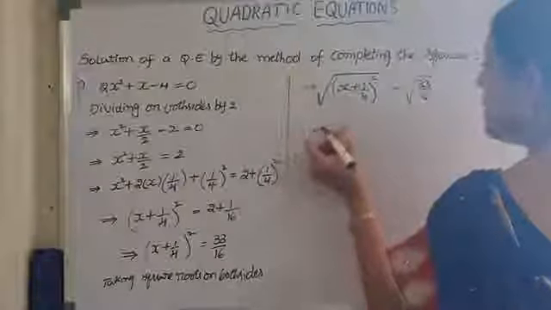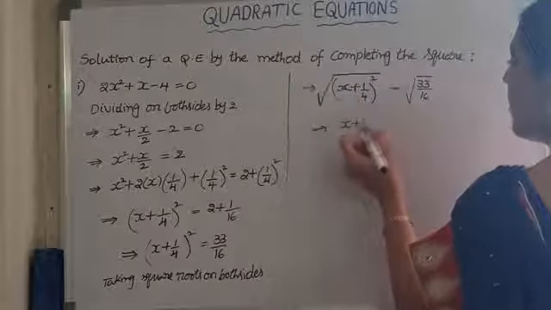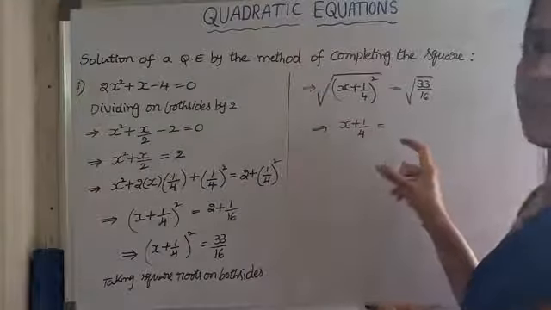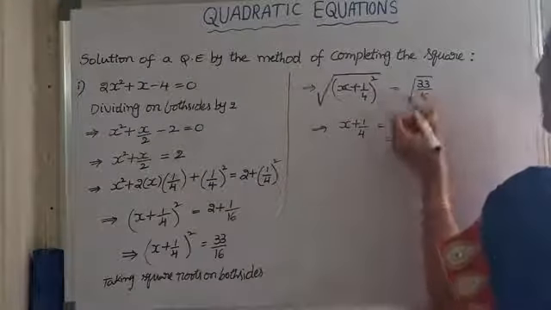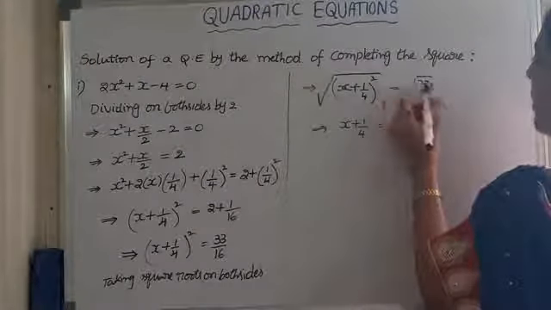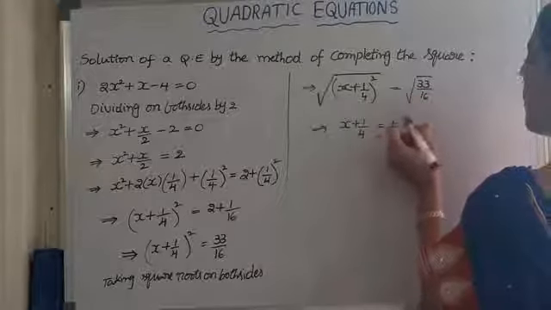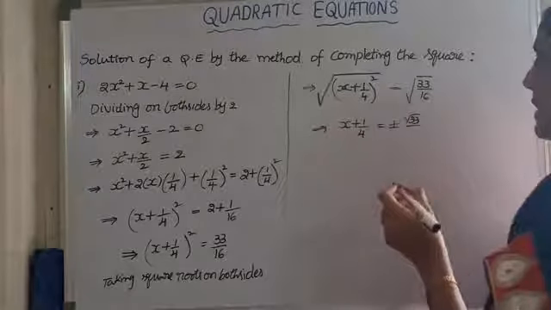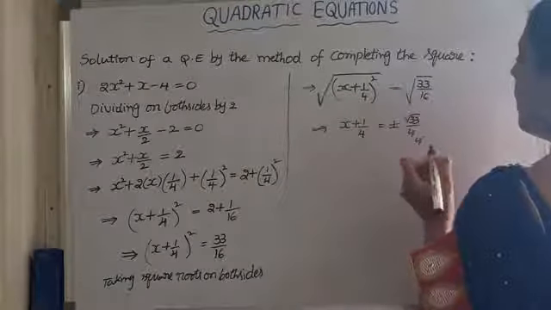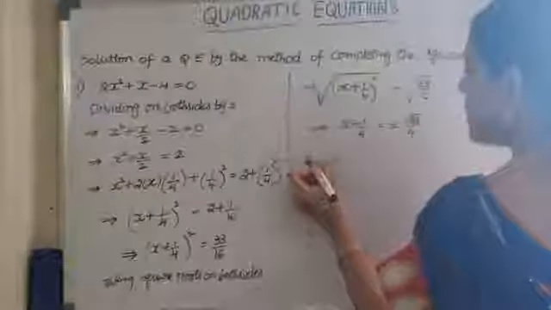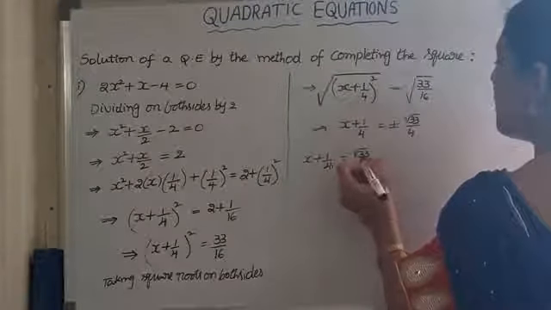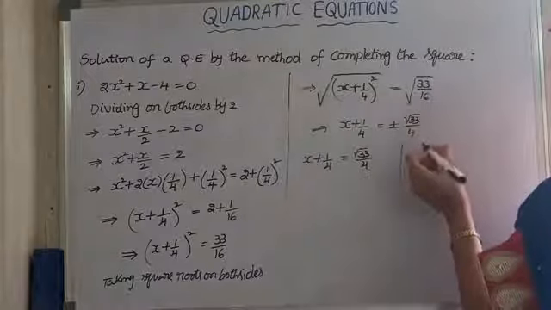Then this becomes x plus 1 by 4 is equal to, as you know, root of 33 by 16, plus or minus. Here also plus or minus we have to take. Root 33 by root 16. What is the value of root 16? 4.